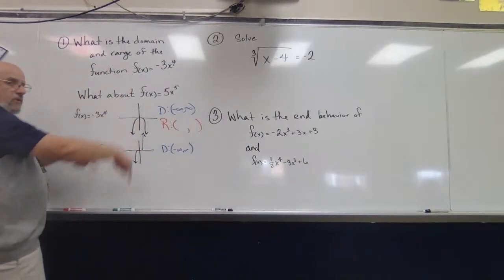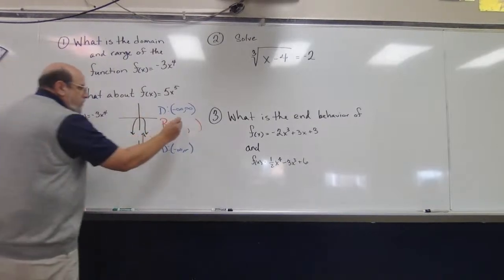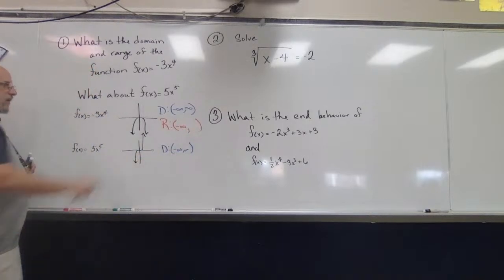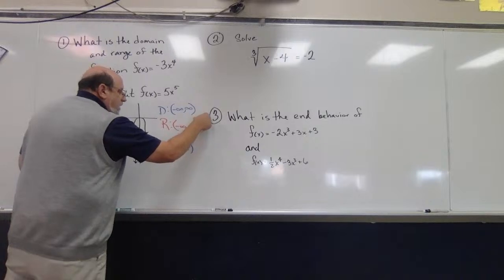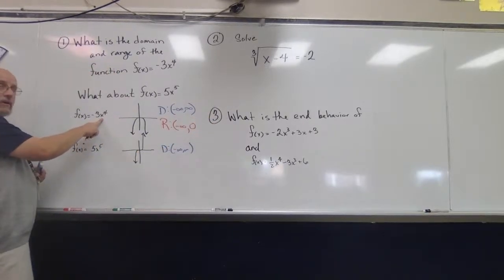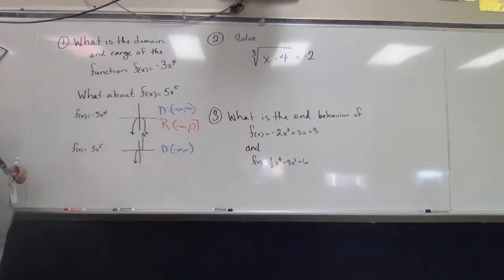Does it ever stop going down? This one? No, never. So we start at negative infinity. And where does it stop? 0. Oh my gosh, it actually includes 0, because if I put a 0 in, I get a 0 out, right? So I bracket that.